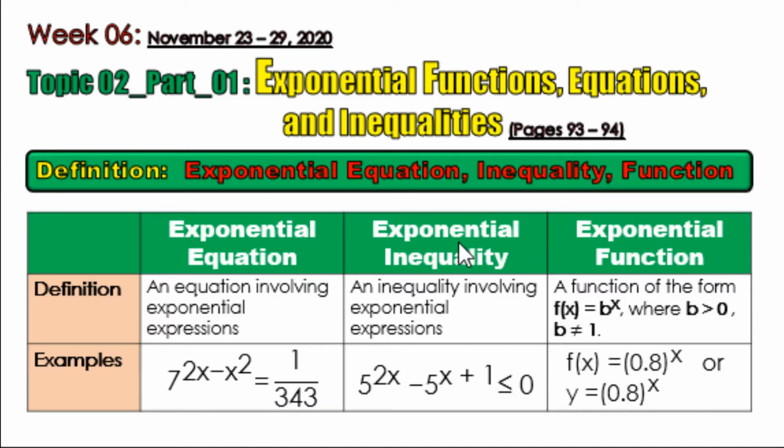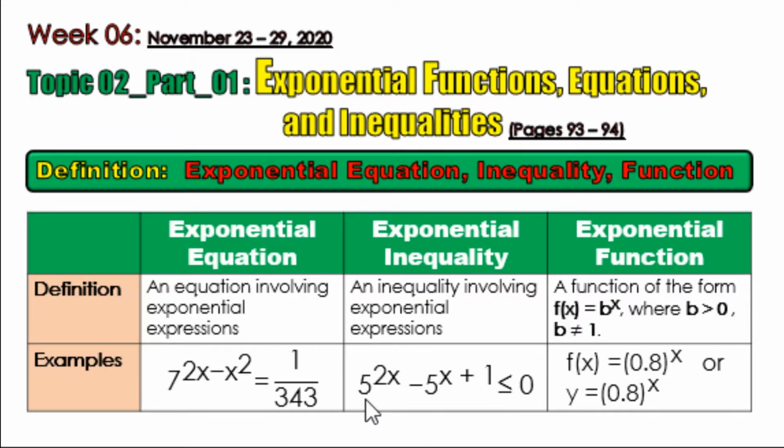So we have exponential inequality. An exponential inequality is an inequality involving exponential expression. So we have an example, 5 raised to 2x minus 5 raised to x plus 1 is equal or less than 0.